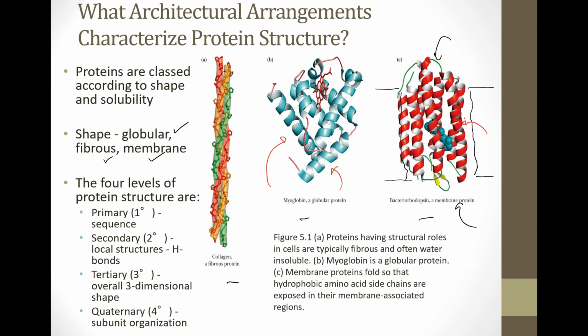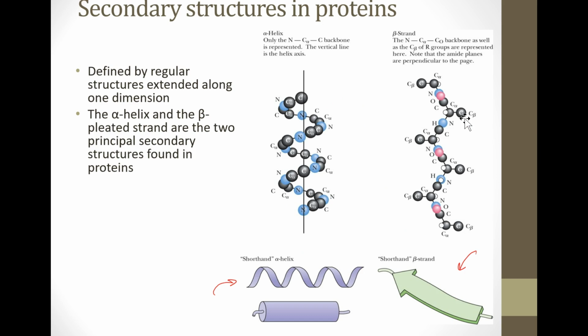But moving back, when you see this coiled system here, that is going to be shorthand for your alpha helix. You can also see them represented as cylinders, which we see here. And then we have the beta strand, which is a flat strand with an arrow, which gives you information about the direction of the protein's flow of primary sequence.